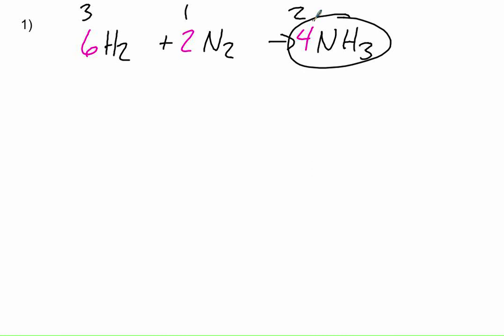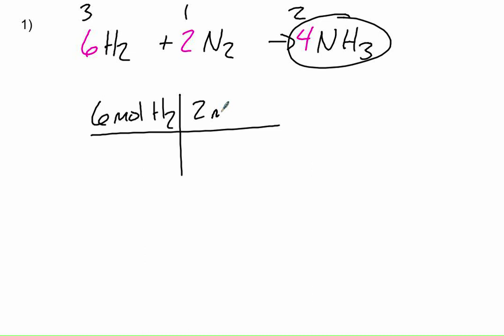The other way to do this would actually be perfectly fine. You could show work like this, but since the next problem's not going to work this way, you might want to know how to show your work for something like this. If I started with 6 moles of hydrogen, I can also find out how many moles of that ammonia are going to be formed by doing a ratio, right?